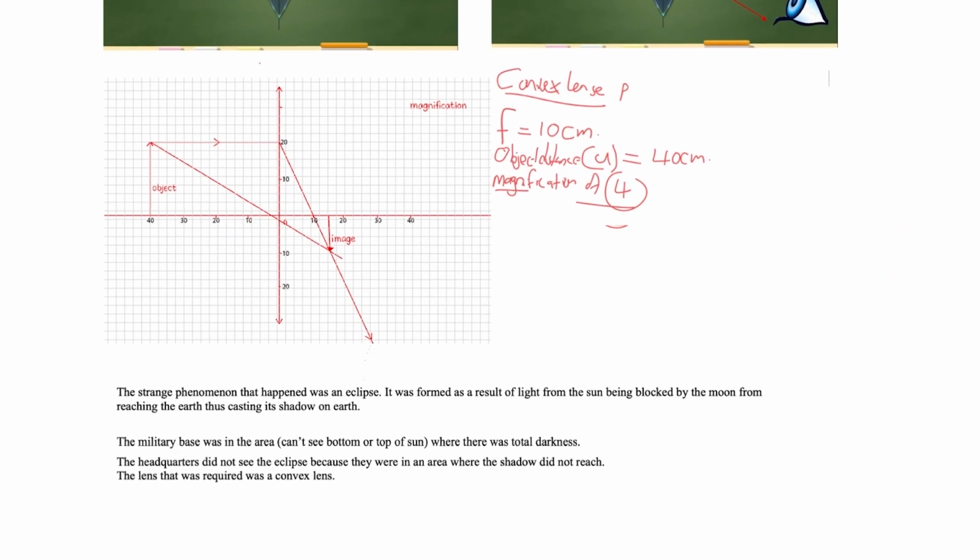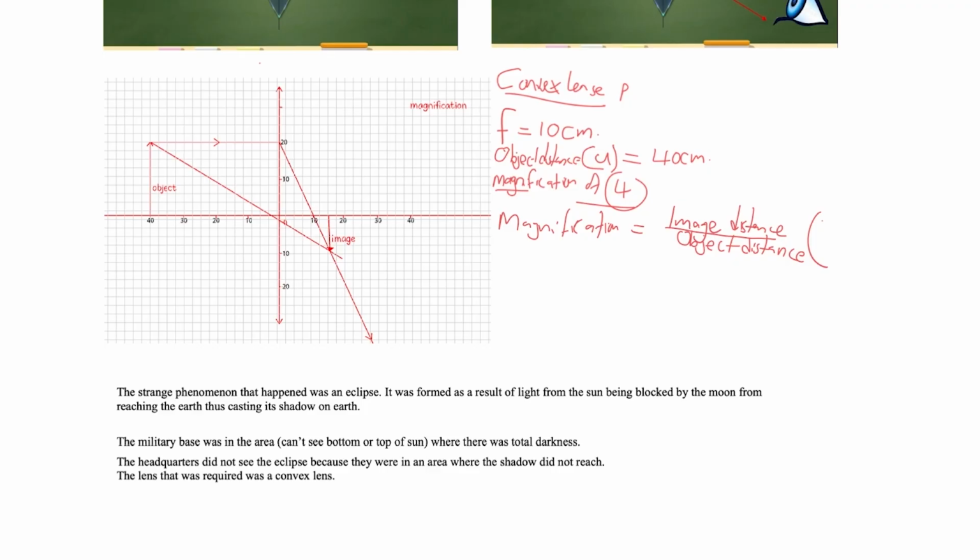Okay, from the formula of magnification, like we said, magnification is given by two formulas. One is the image distance divided by the object distance.